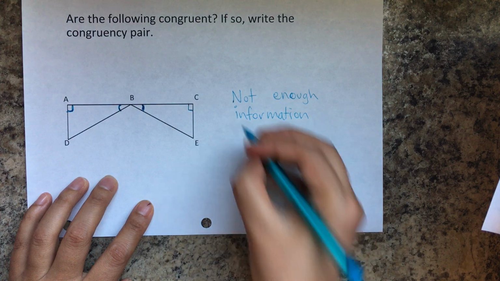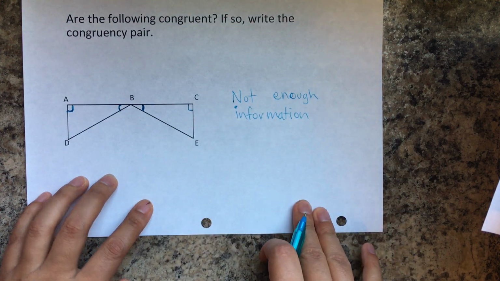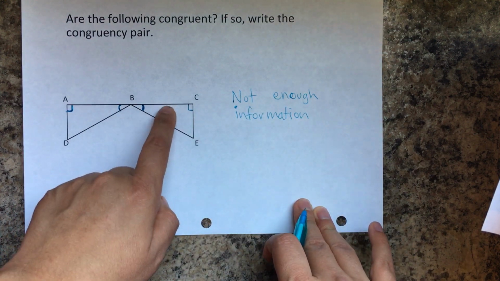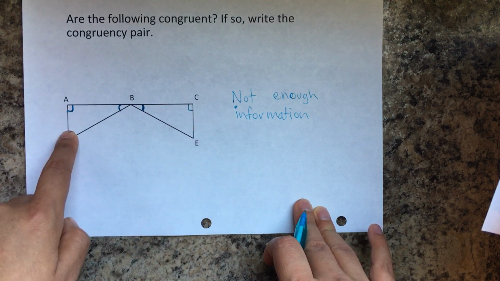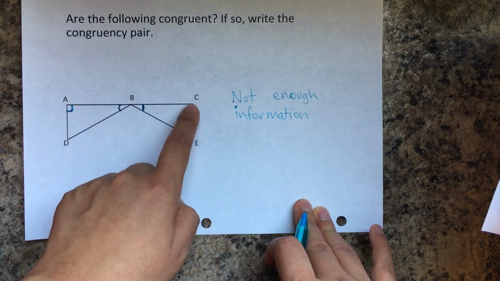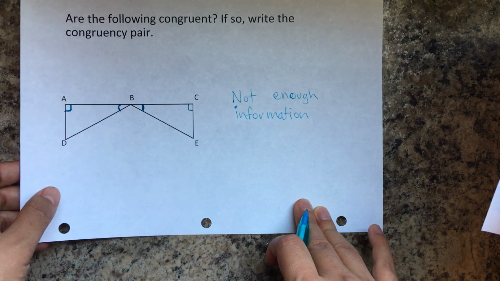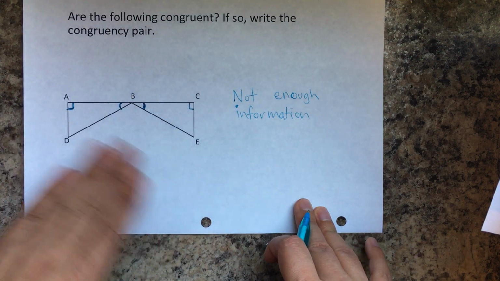We need one more side for angle-side, or we need one either on the outside or in the middle for angle-side-angle. So in here we cannot say whether it's congruent or not.